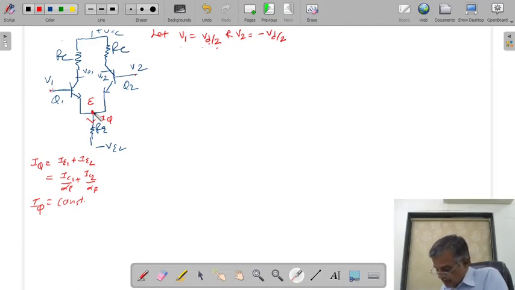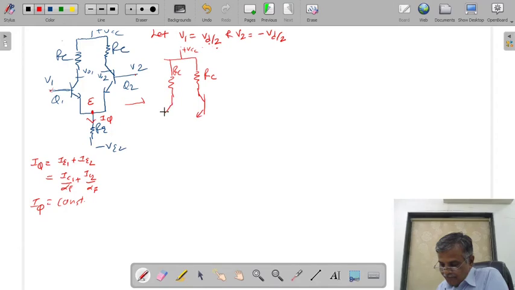So I can draw this circuit in this way also. This is your zero, or it is called ground potential.